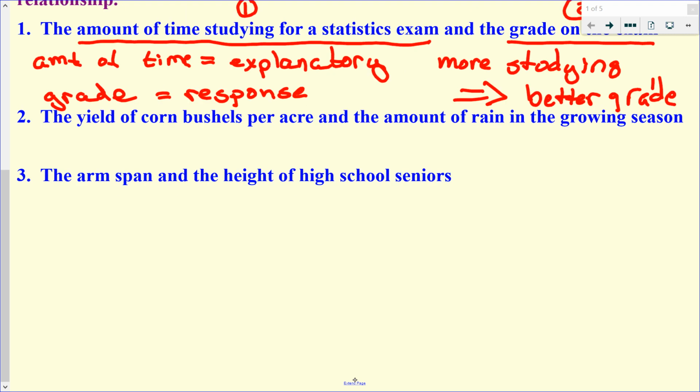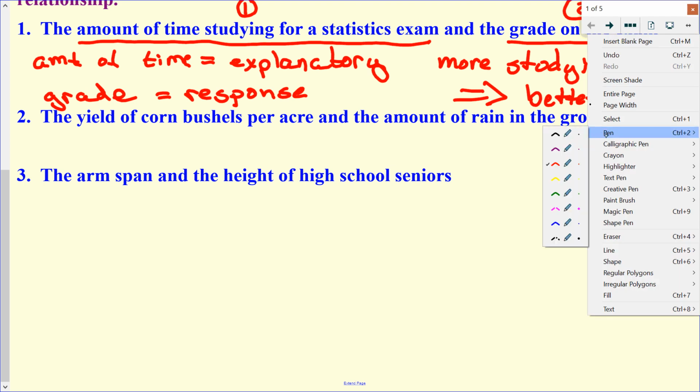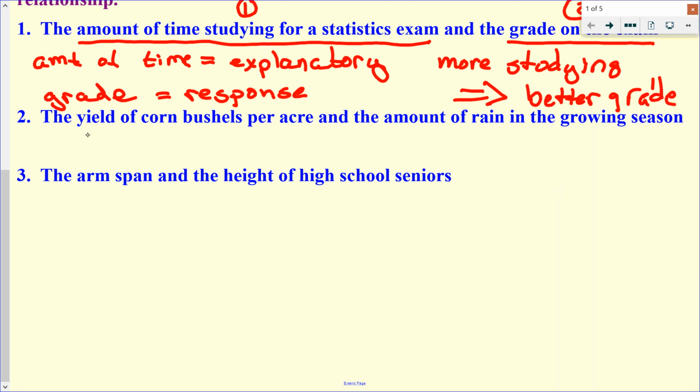So let's look at the second example, the yield of corn in bushels per acre and the amount of rain. The yield of corn in bushels per acre is our one variable, and the amount of rain is the second variable. Now think, you've probably lived through a time of little rain, and we call that a drought.